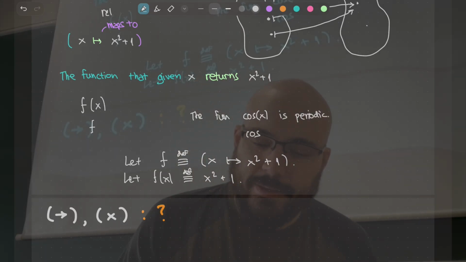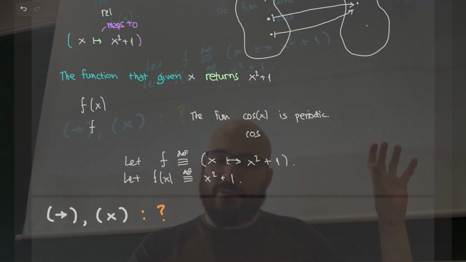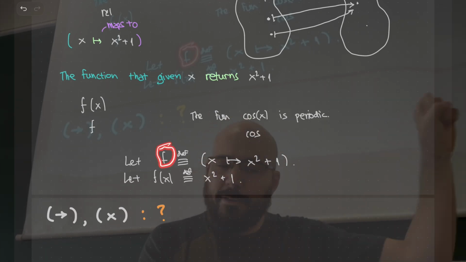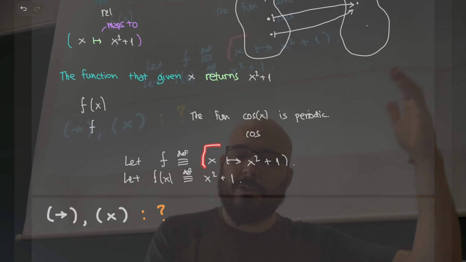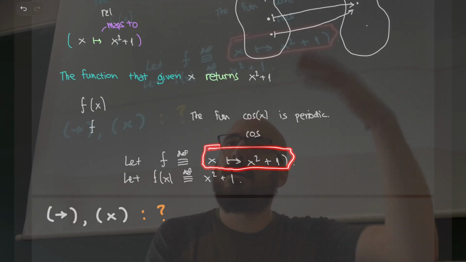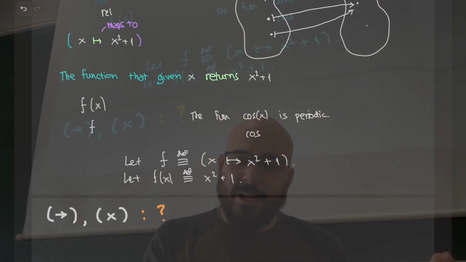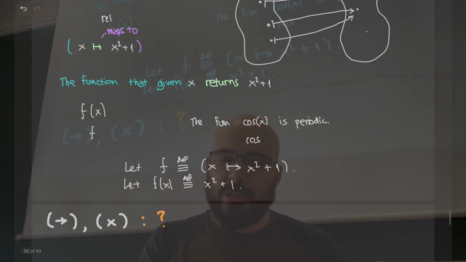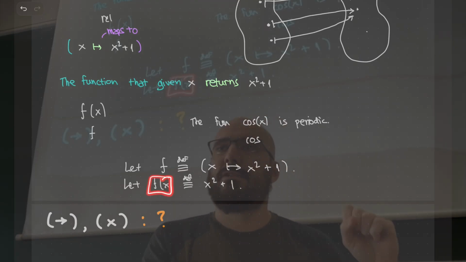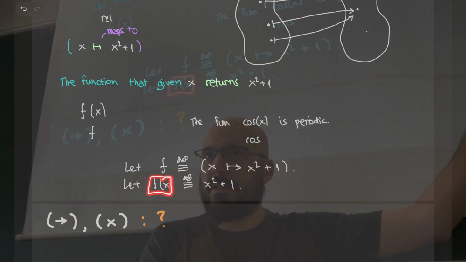In the first case, there's a psychological difference between the two. In the first case, I'm saying what f is. I'm saying f is this function that when applied to x, it returns that thing. The second one is not exactly equivalent because I'm not defining what f is. I'm defining what f of x is for each possible x.